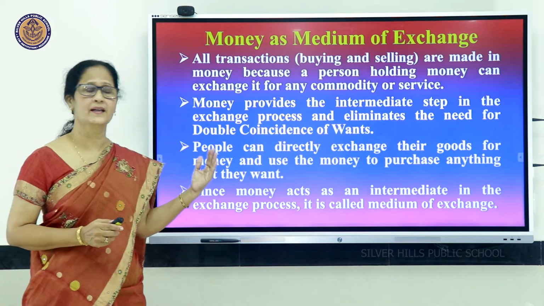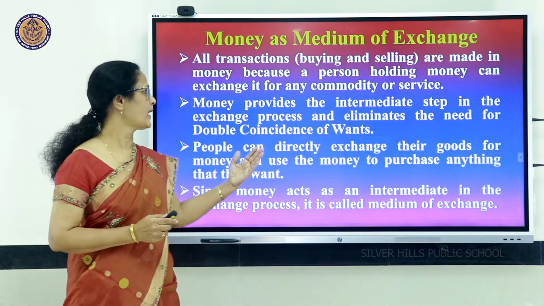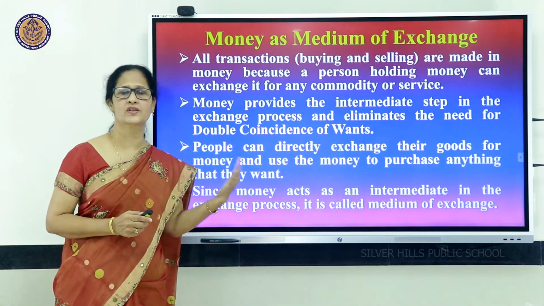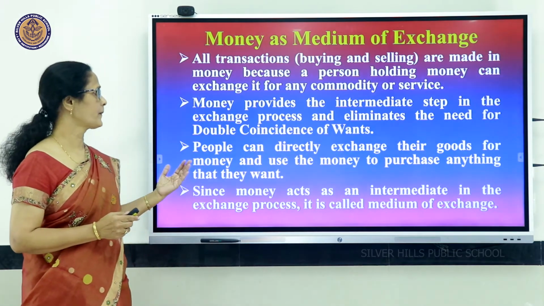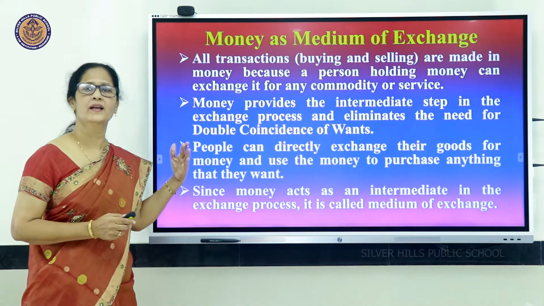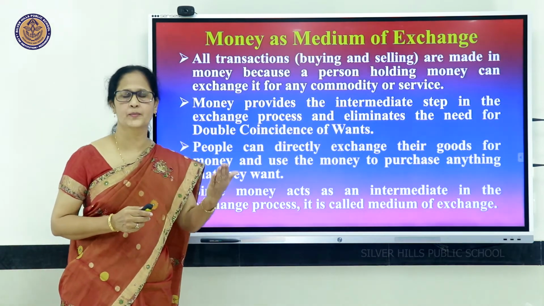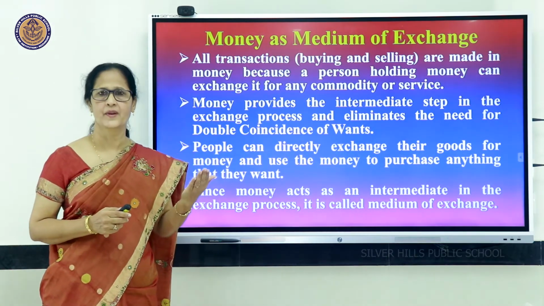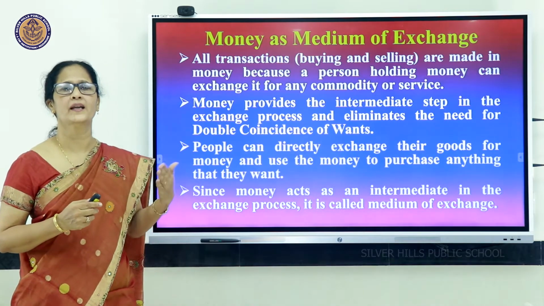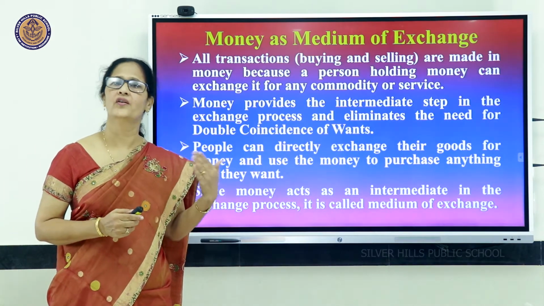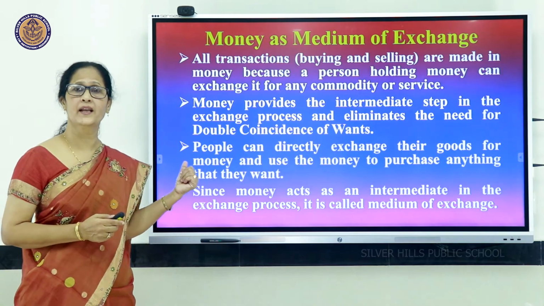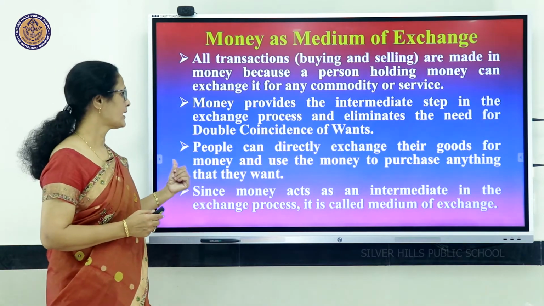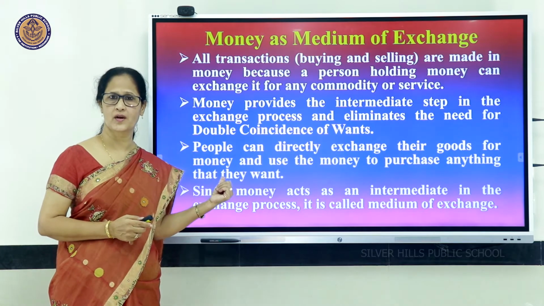People can directly exchange money for any goods or services, and therefore it can be used for anything. He can sell the product for money and use that money to buy any commodity of his choice. So that is how it eliminates the need for double coincidence of wants.